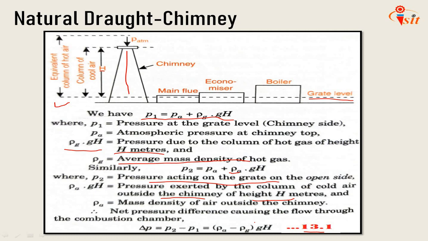This difference of pressure causing the flow of gases is known as static draught. Its value is small and is generally measured by a water manometer. It may be noted that this pressure difference in chimney is generally less than 12 mm of water, which we need to remember.